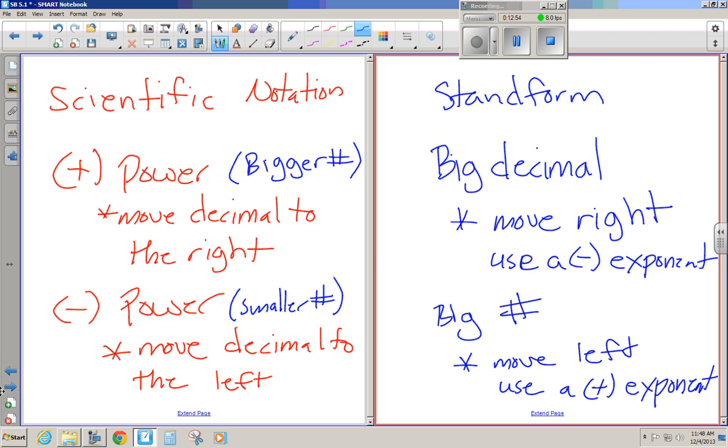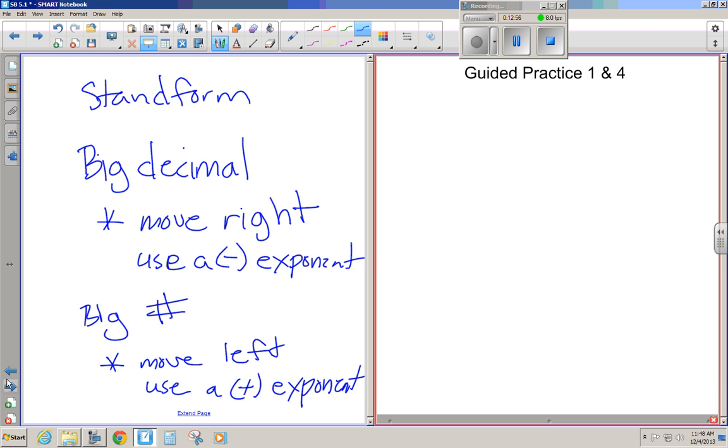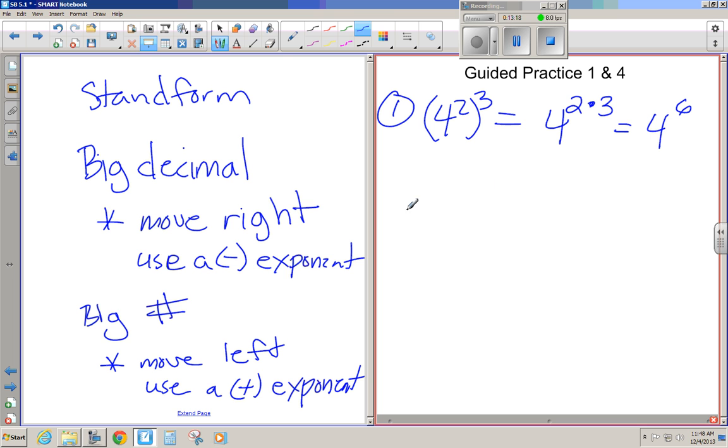Okay, so let's get back to guided practices. Guided practice 1, 4 squared cubed. This is a double power, so it should be 4 squared times 3, which is 4 to the 6th.